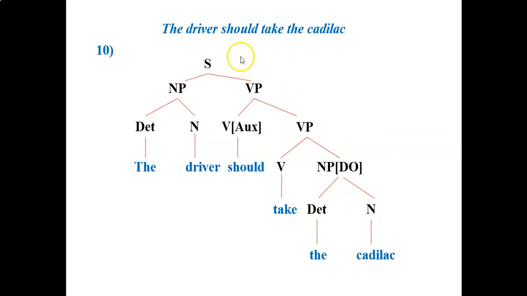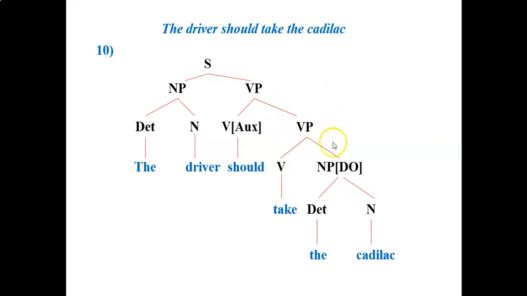Okay, because there are two verbs, first is the auxiliary verb and second is the main verb, there will be two VPs. Remember, two VPs. The first VP is from the auxiliary, the second VP is for the main verb.